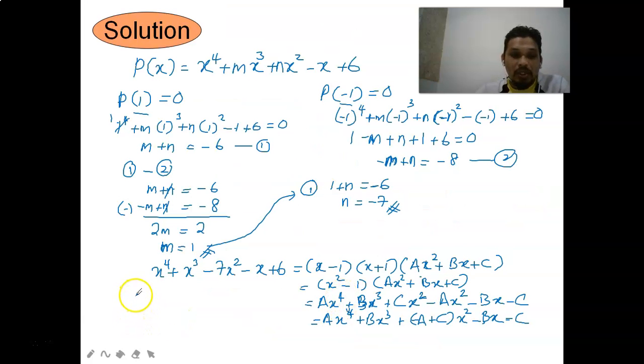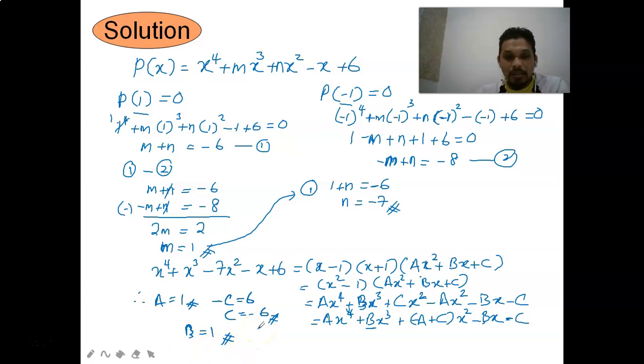So we may come up with a conclusion that ax to the power of 4 compared with x to the power of 4, so then a equals 1. Negative c equals 6, so then c equals negative 6. What else? b cubed: we have 1 x cubed here, so then b equals 1.